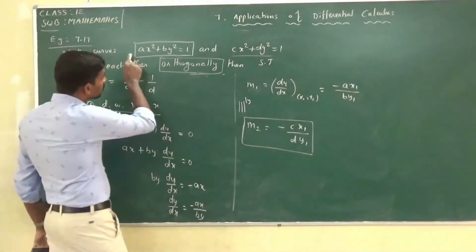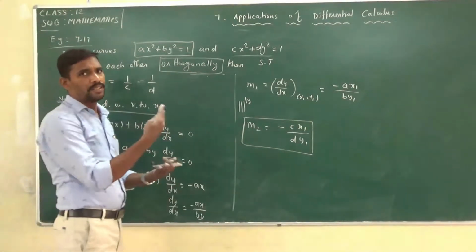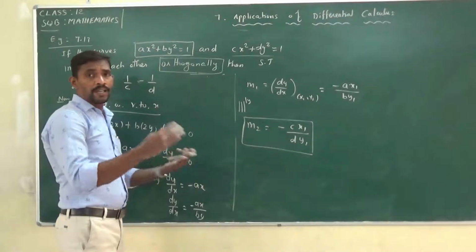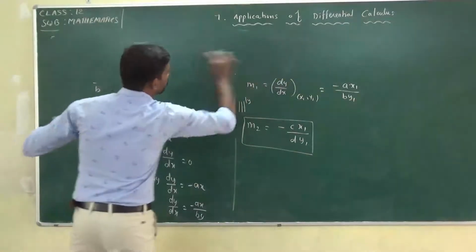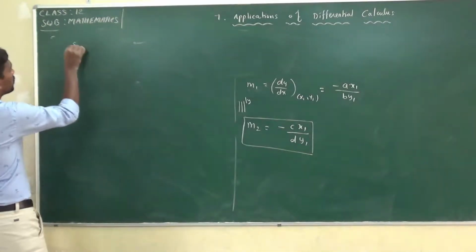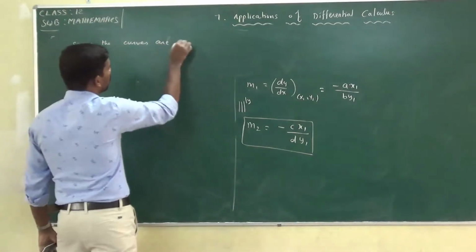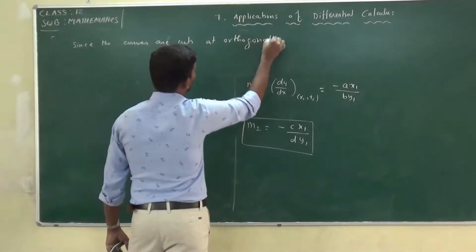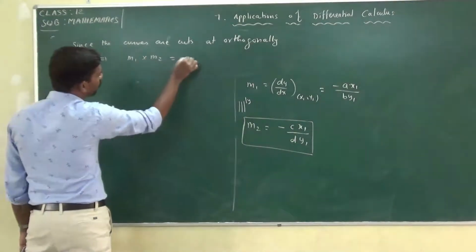What is the condition? These curves intersect each other orthogonally. Orthogonally means, as I told already, perpendicular. So we know the slopes. By the perpendicular concept, m1 into m2 is equal to minus 1. Hence, since the curves cut orthogonally, m1 into m2 is equal to minus 1.